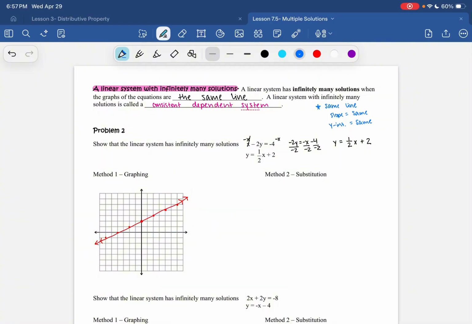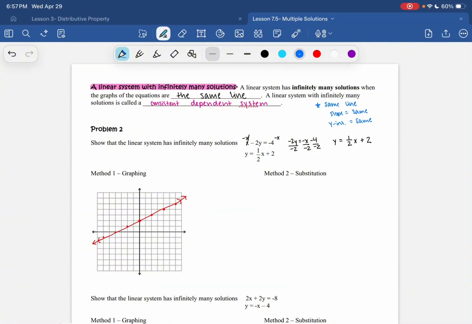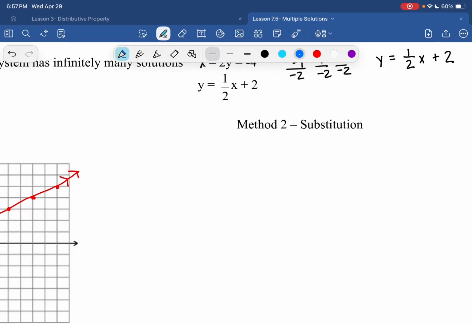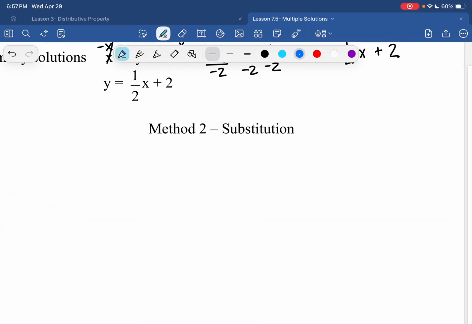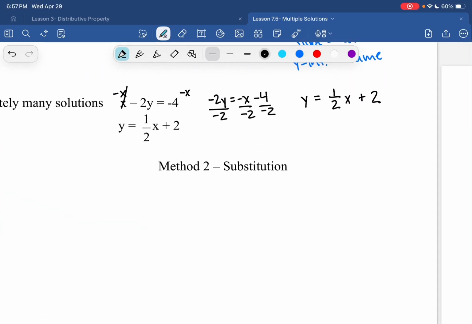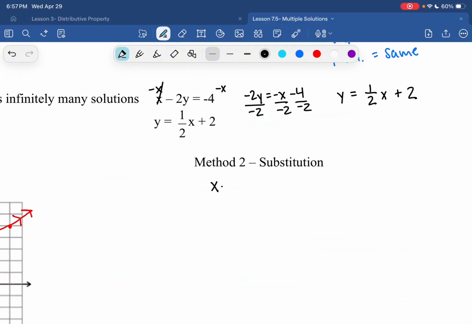All right, this wants us to solve by substitution. So it doesn't want us to solve by elimination. It wants us to solve by substitution, right? So let's rewrite our linear system. We have x minus 2y equals negative 4. And then we have y equals 1/2 x plus 2. Now, remember, when we're doing substitution, we need to have one of our linear equations say x equals or y equals.